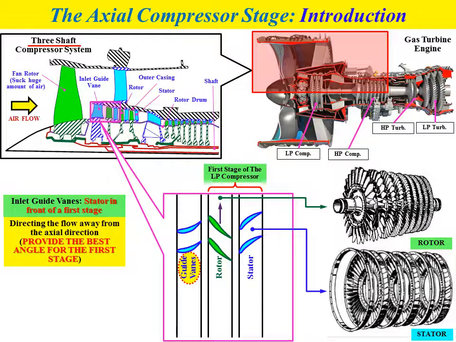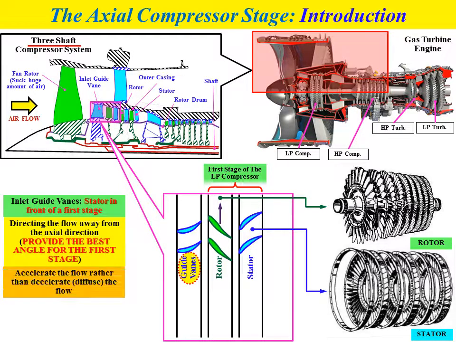The function of this inlet guide vane is to direct the flow away from the axial direction in order to provide the best angle for the first stage of the compressor. This guide vane actually accelerates the flow rather than decelerating or diffusing the flow. Its function is similar to a turbine nozzle, where it increases the kinetic energy of the flow.